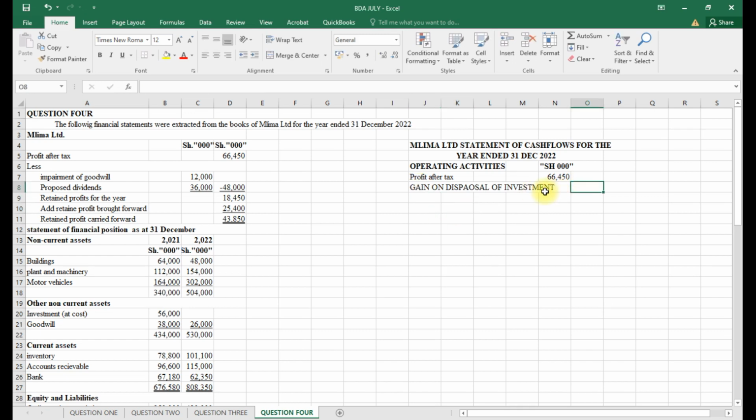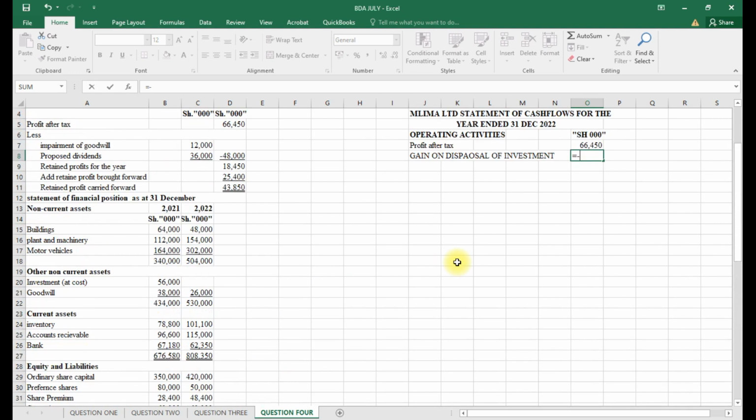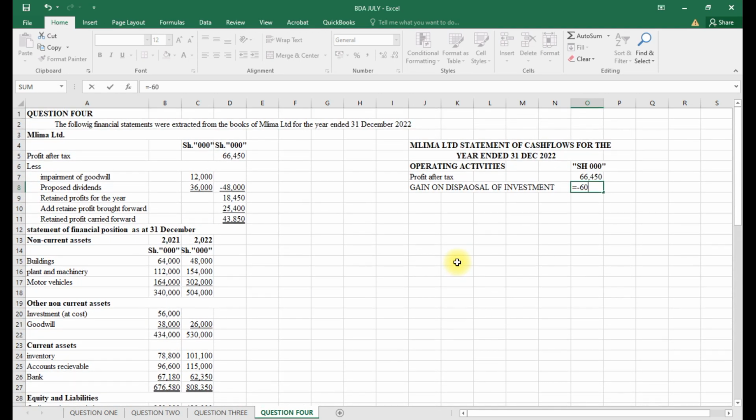Here, the gain on disposal of investment, and we shall put it as a negative 6,000. I think we had it in note number 1. The investment was sold at a gain of 6. Yeah, negative 6,000.